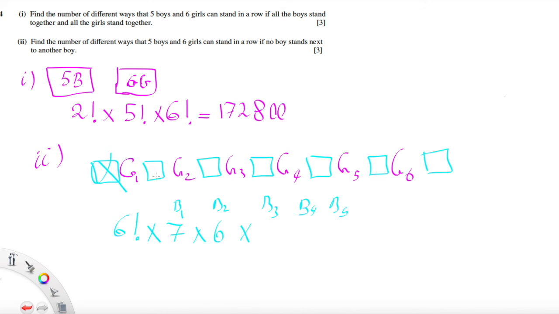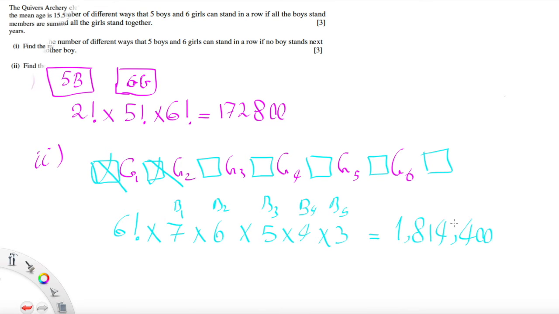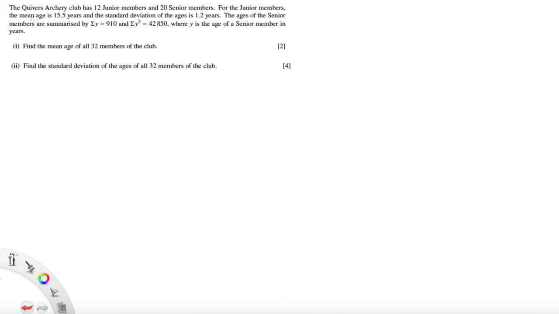Then another one will be occupied, then the next one will have 5, then the next 4, then 3. If you multiply them, it will give you 1,814,400.